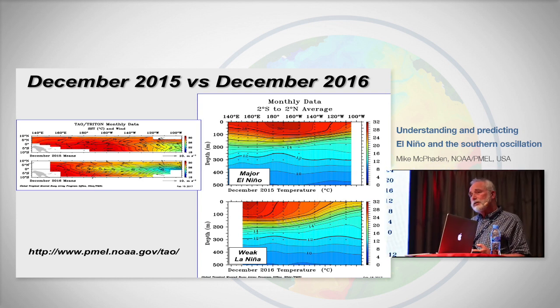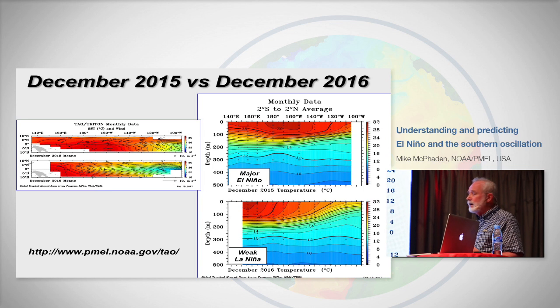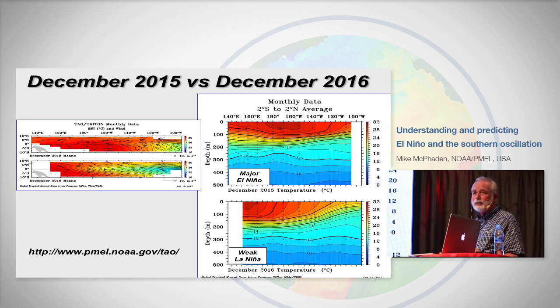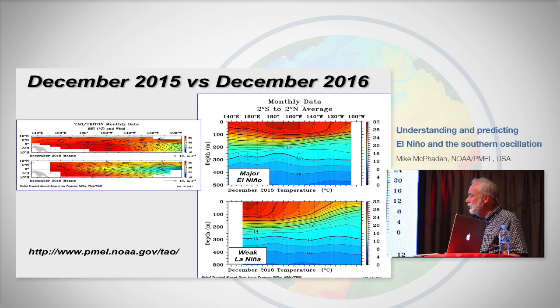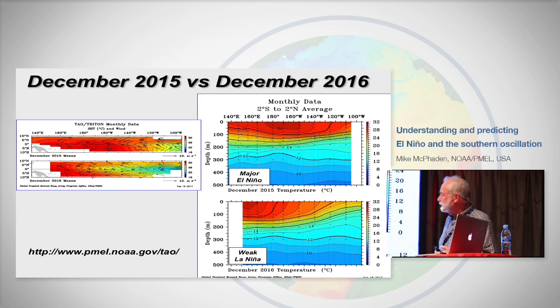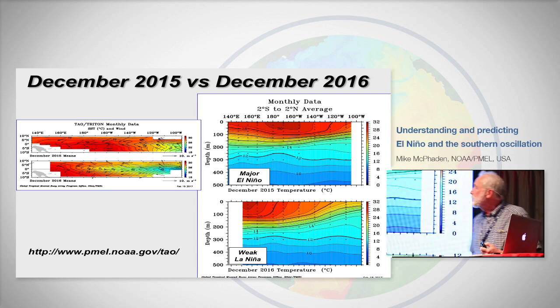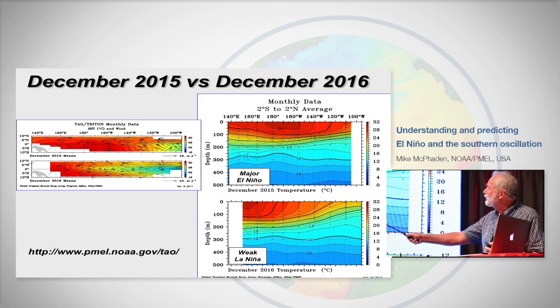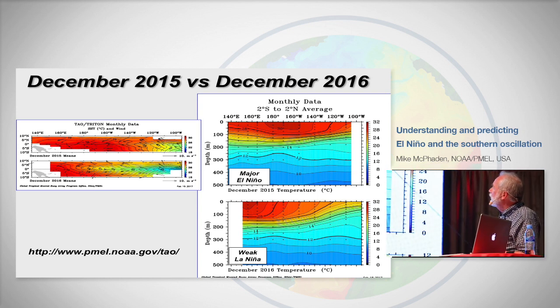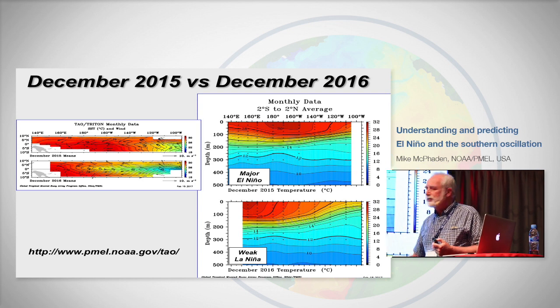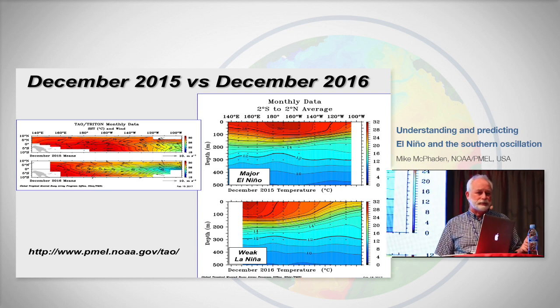But the other thing to notice here is how big the temperature anomalies are at depth, much bigger than they are at the surface. And this is important because we're going to see that the major source of fuel for El Nino is the subsurface temperature field. Okay, and just for reference, the 20-degree isotherm is here. We often use this as an index for the depth of the thermocline.